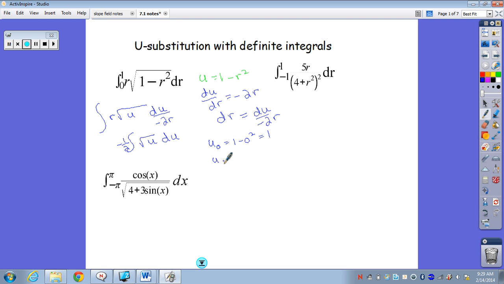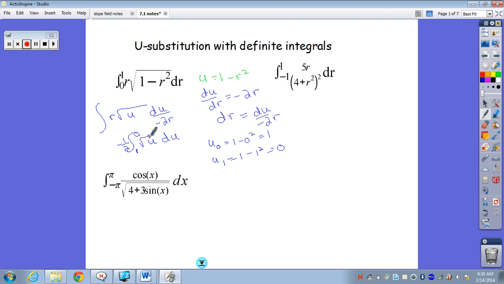And then u of 1 is 1 minus 1 squared, which is 0. And so my bounds, the 0 one, I'm going to put 1 for the lower bound now. And then the upper bound now is 0. Okay? So you technically shouldn't keep the old bounds when you have it in terms of u, because they don't match up.